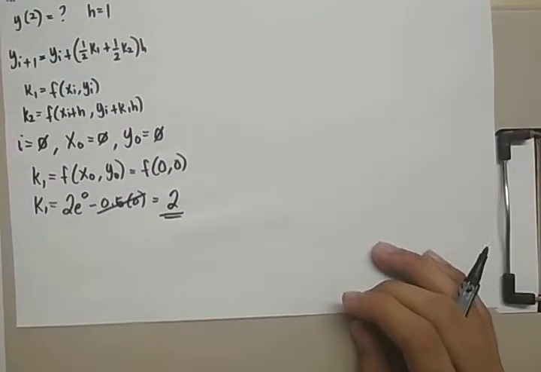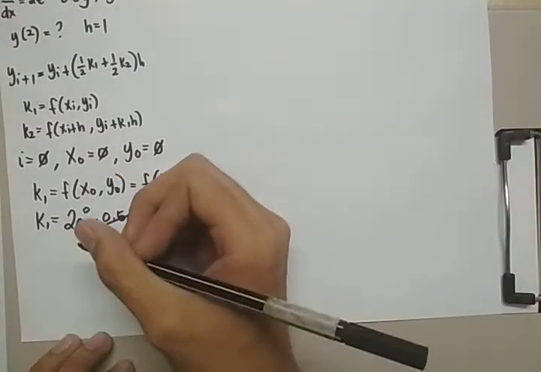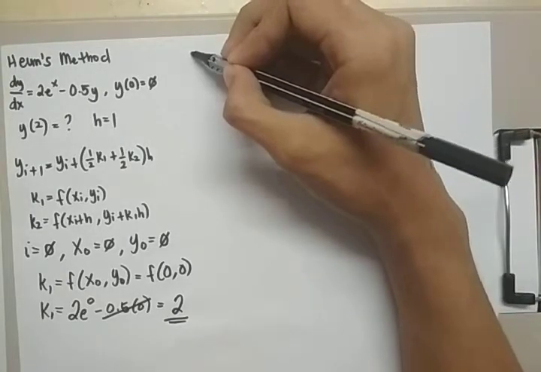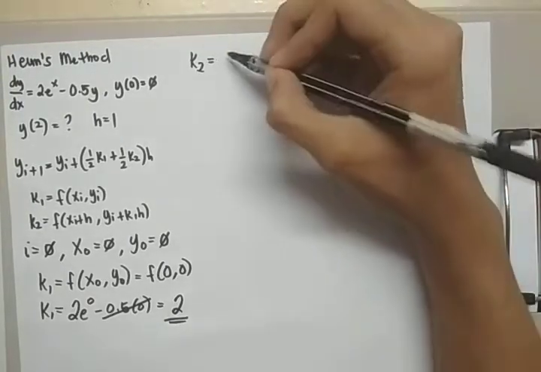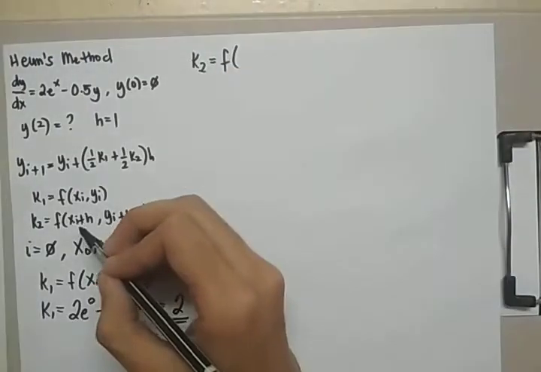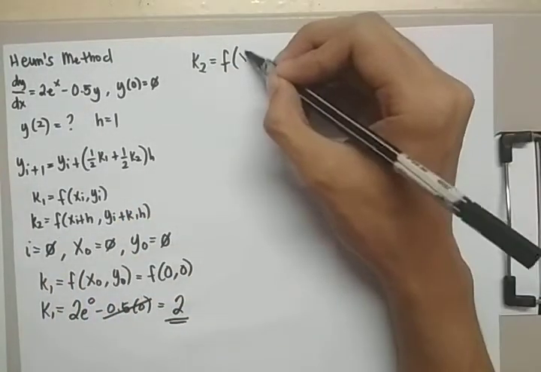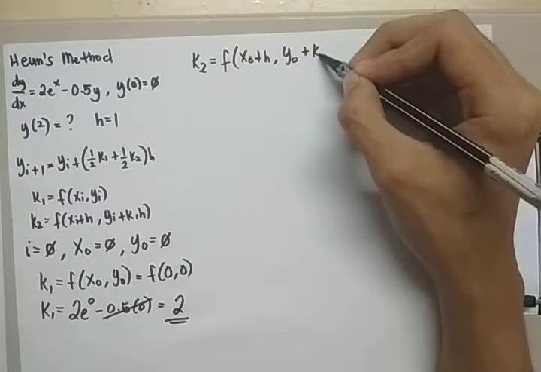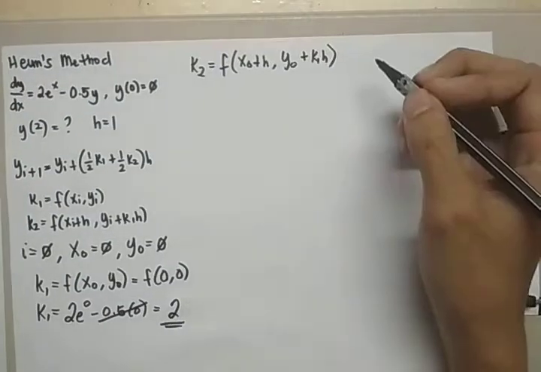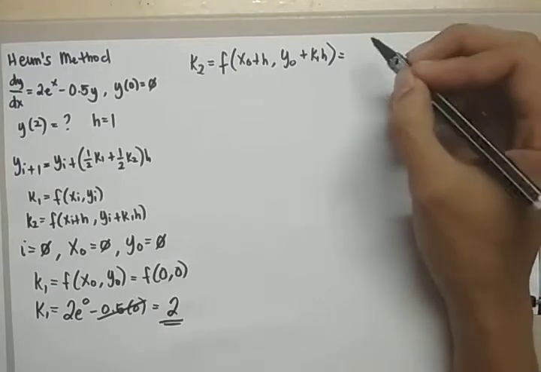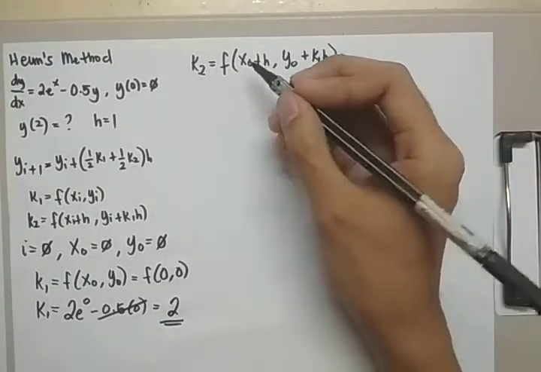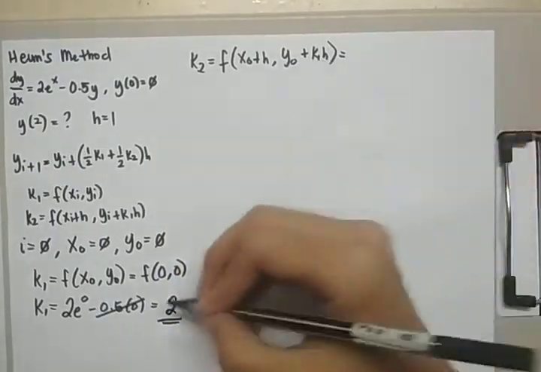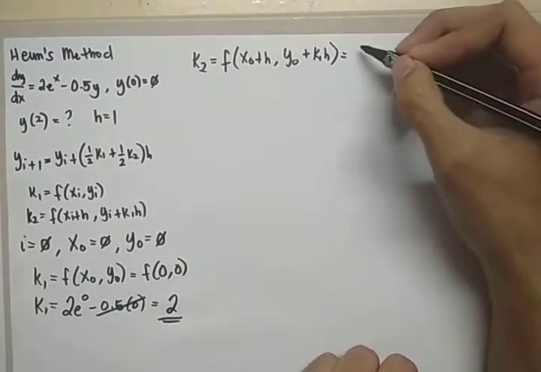Next we will get the value for k sub 2. We have the formula k sub 2 is equal to the function of x sub 0 plus h and y sub 0 plus k sub 1 multiplied by h. Again, x sub 0 is 0 and y sub 0 is 0, and now we have our value for k sub 1, so we can get k sub 2.